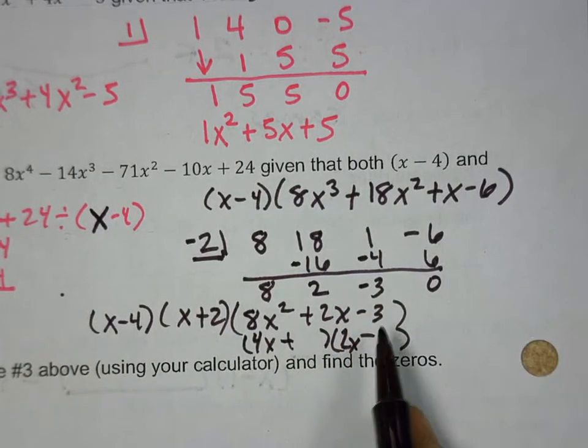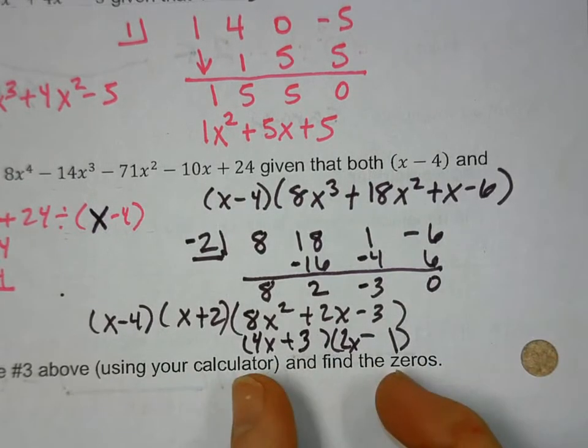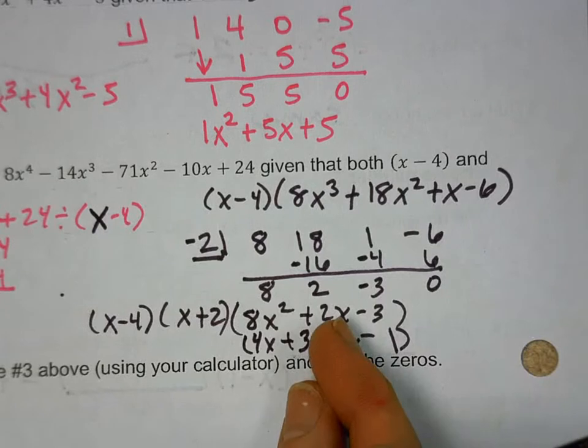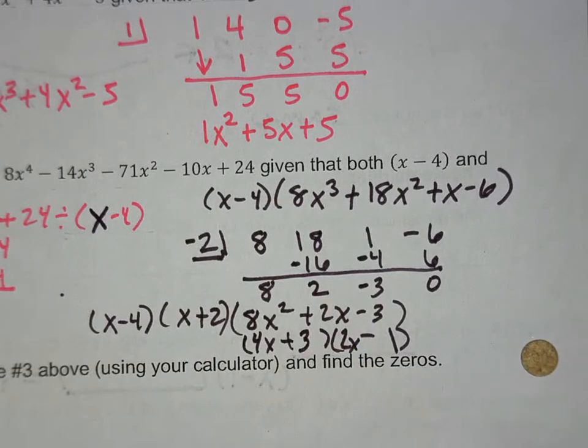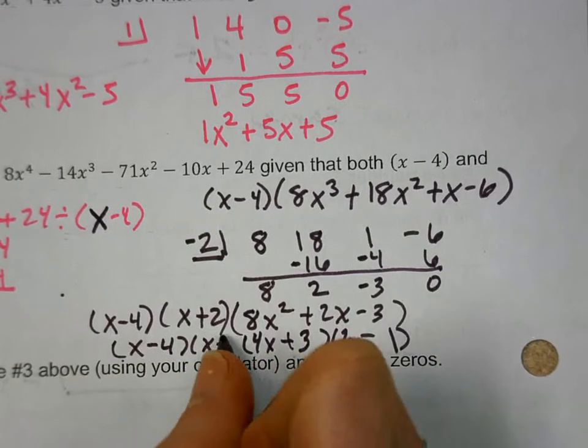And then only 3 times 1 would give me 3. But where would I put the 3 in order to add up to the 2x? In the one with the 4. Good. And then you can check, does negative 4x plus 6x equal 2x? Yes. And ta-da, we factored it completely.